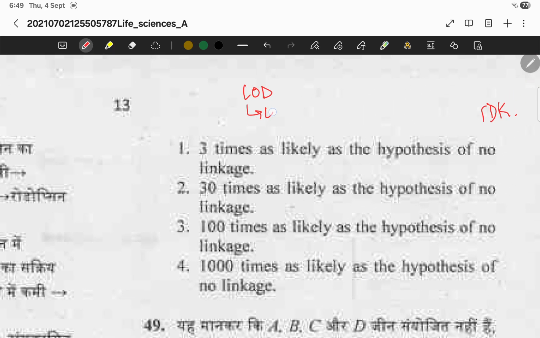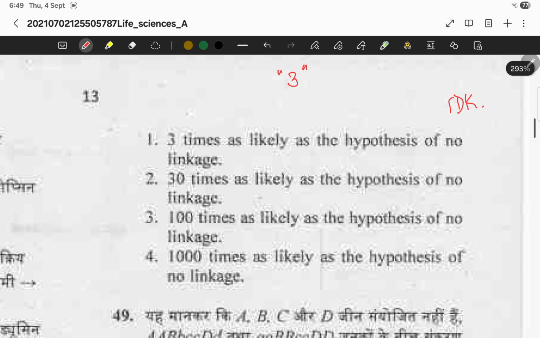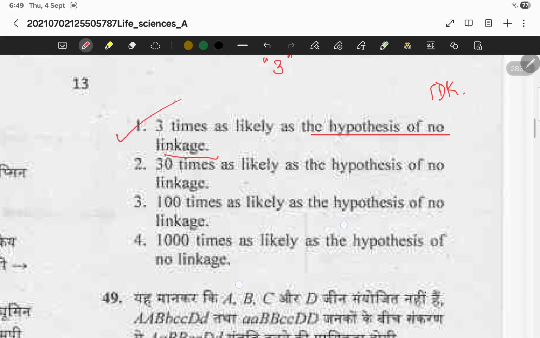LOD, linkage of distance, length of distance, weird answers. The score is 3. So 3 times as likely as the hypothesis of no linkage. 100 times, 3 times as likely. That's the hypothesis of no linkage. Go for this.